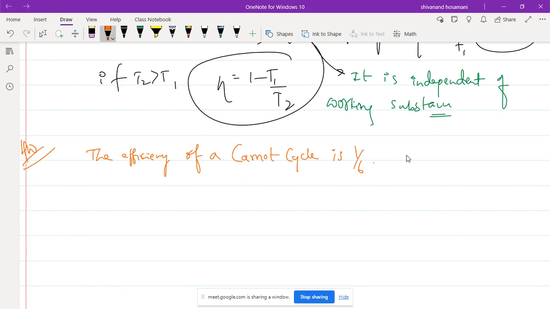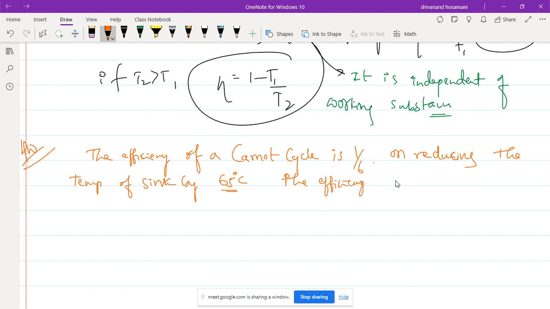On reducing the temperature of the sink by 65 degrees Celsius, the efficiency increases by 1/3.